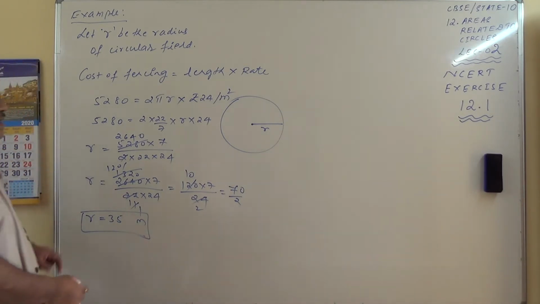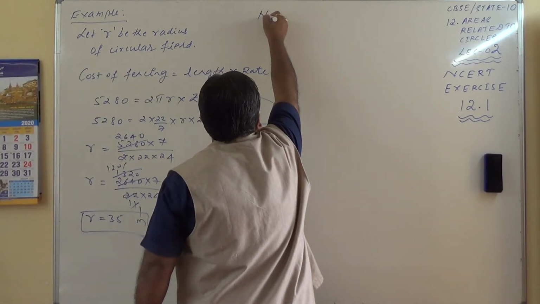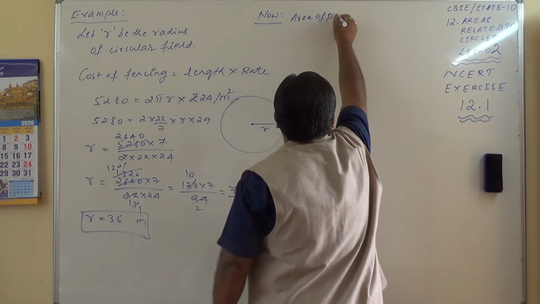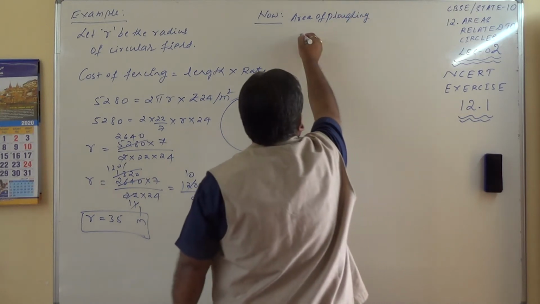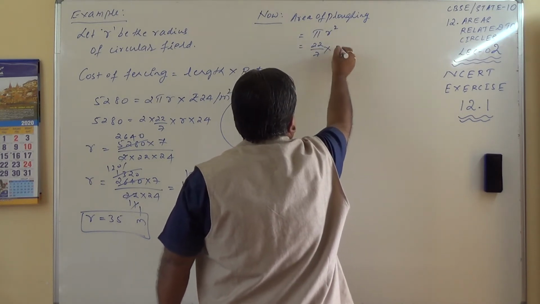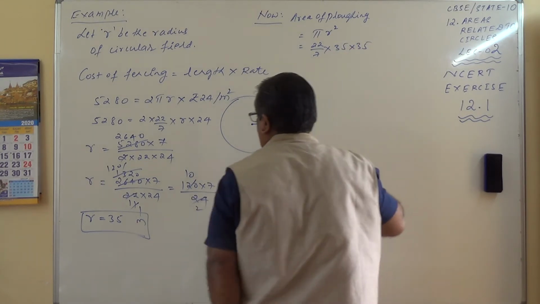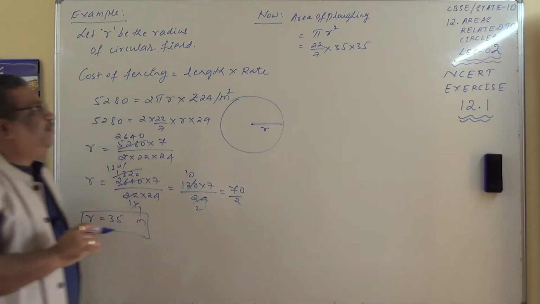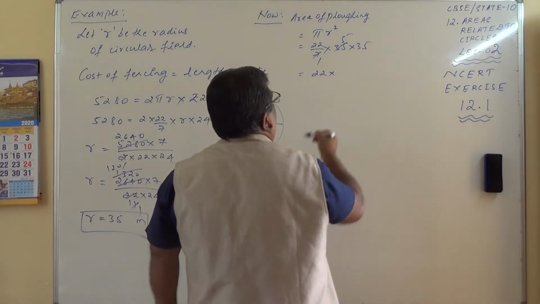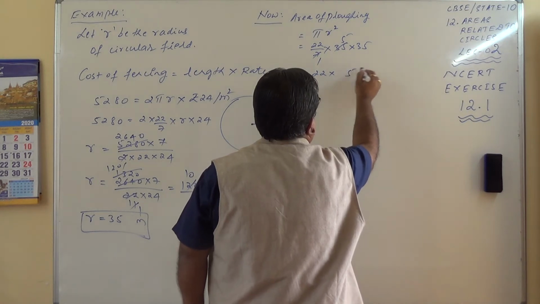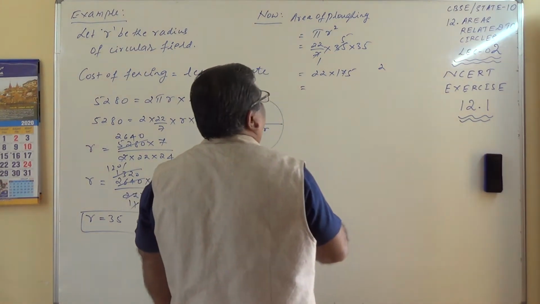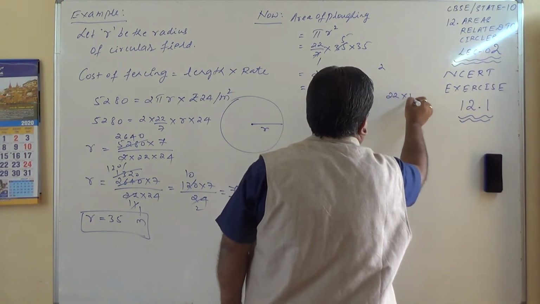Once you know the radius, we can calculate the area. Area of ploughing is equal to pi r square, which is 22/7 into 35 into 35 meters. The radius we got is 35 meters, and 7 fives are 35, so this is 22 into 175.